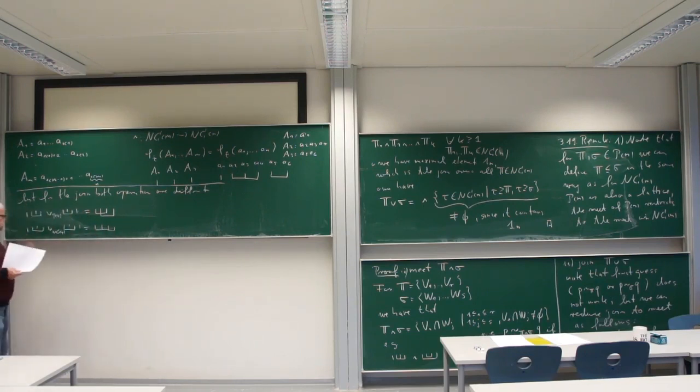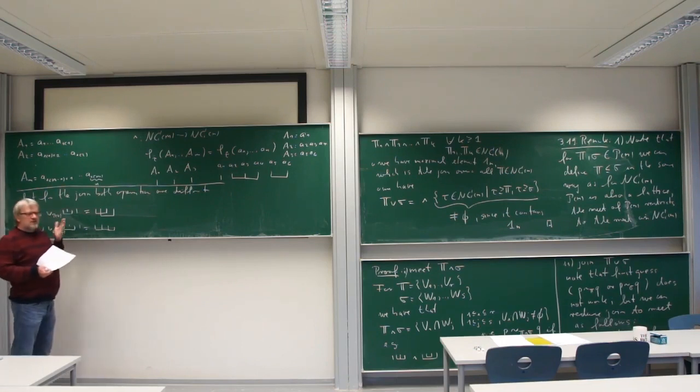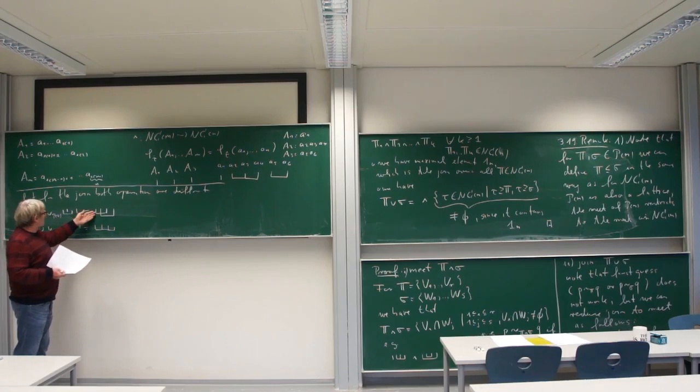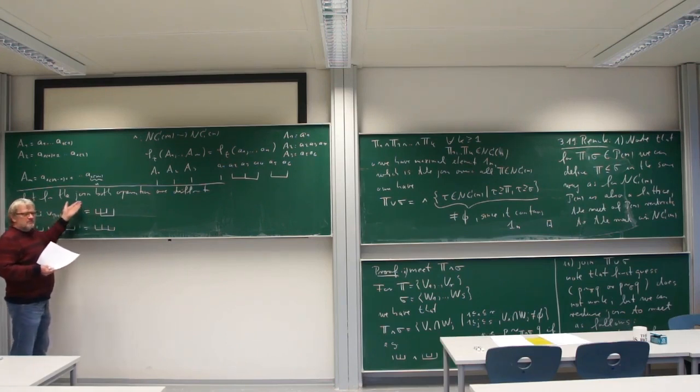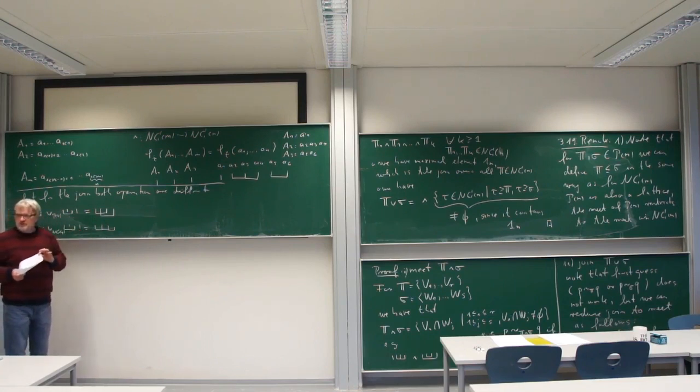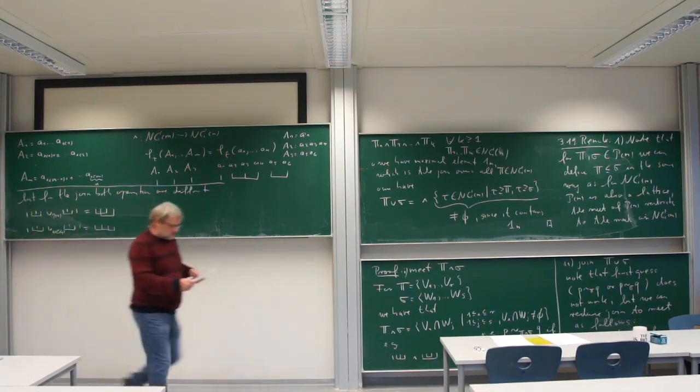So you see, the join is more complicated because we could first take the join in P of n, and then get rid of the crossings by merging blocks which have a crossing.